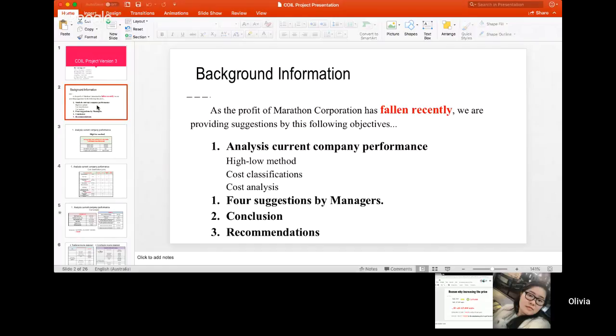Recently, the net profit has decreased over the past years, and for 2019, we wish to achieve a net profit of 150,000. To achieve this figure, four suggestions have been made by managers from the company and the president. We will figure out what recommendation will help to achieve the net profit for the company.